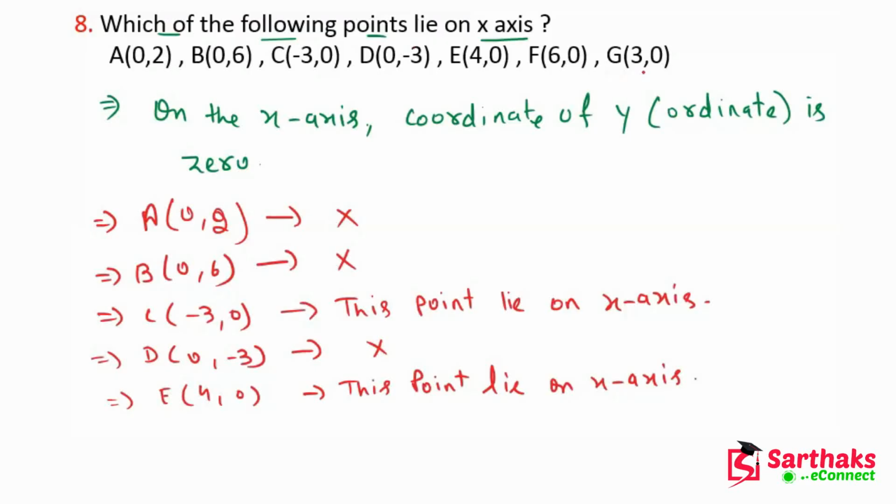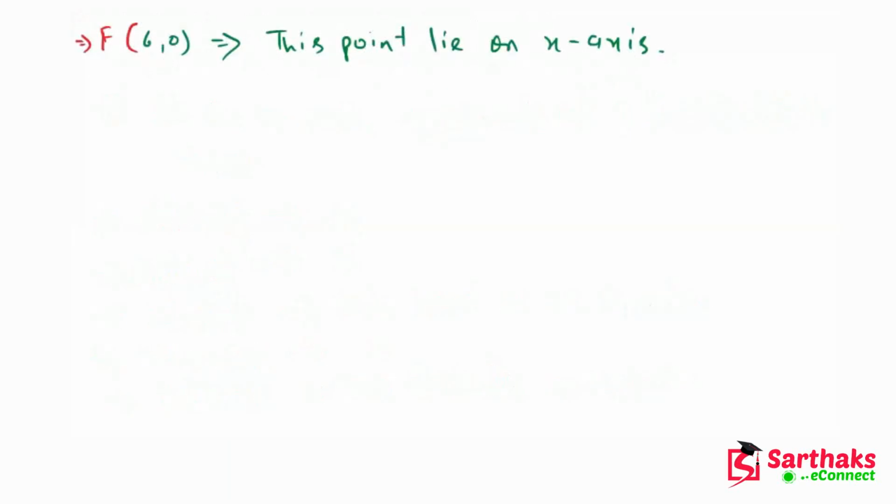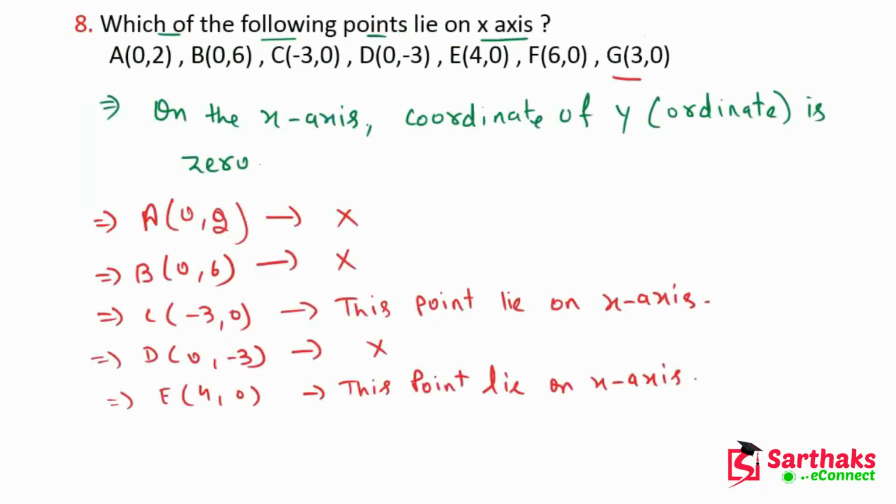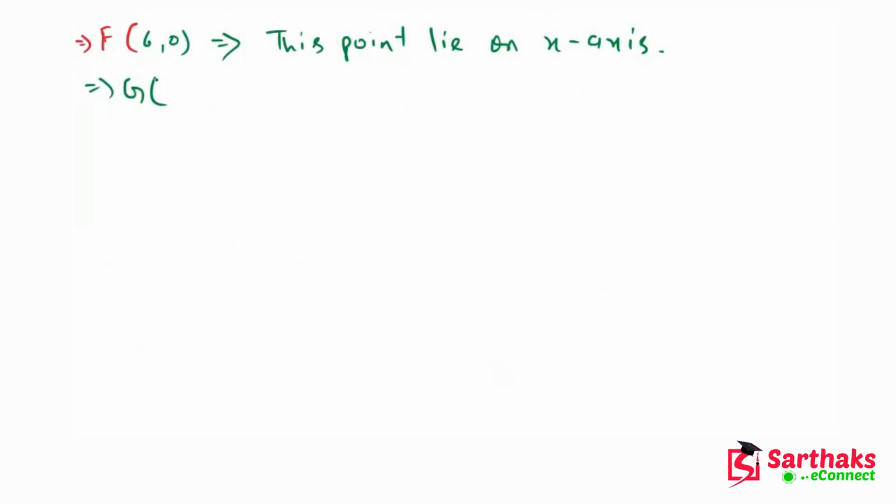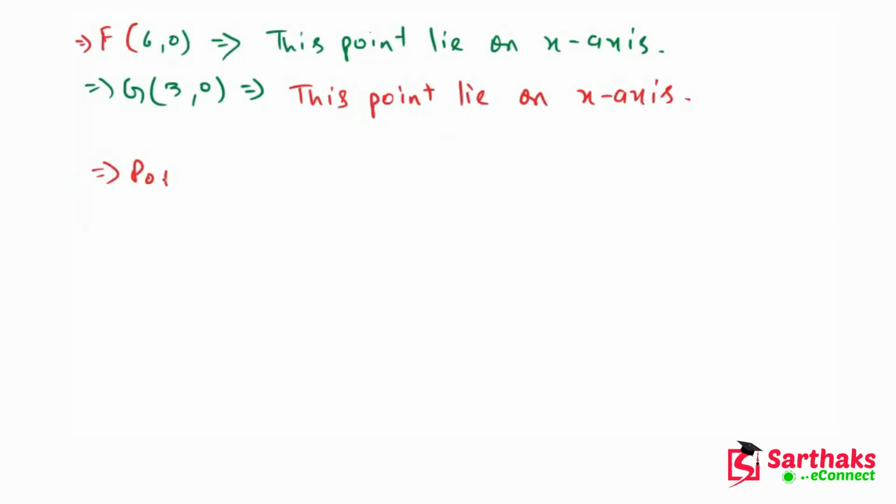Now if you talk about point G, the coordinates of G are 3, 0. Again, we can write that this point lies on the x-axis.